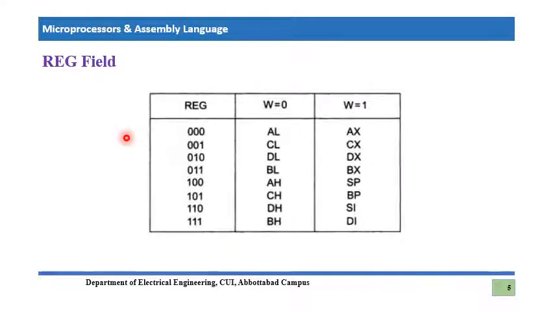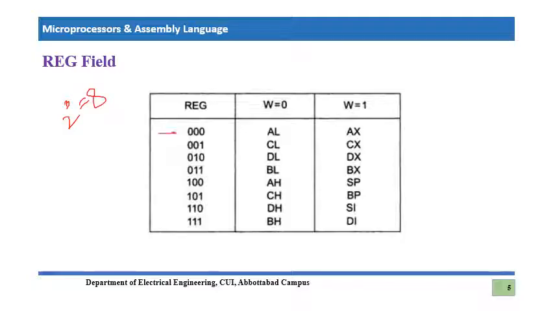In this slide we are going to discuss the possible combinations present for the reg field. As we remember, the reg field is a 3-bit field, and it can create 2 power 3 equals 8 different combinations.